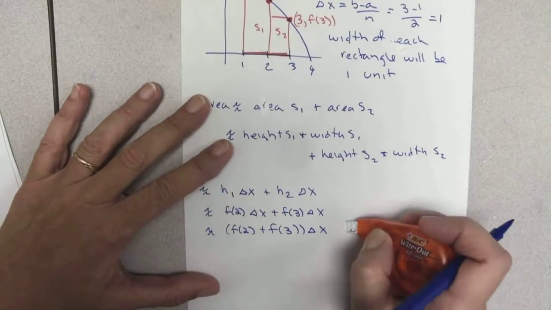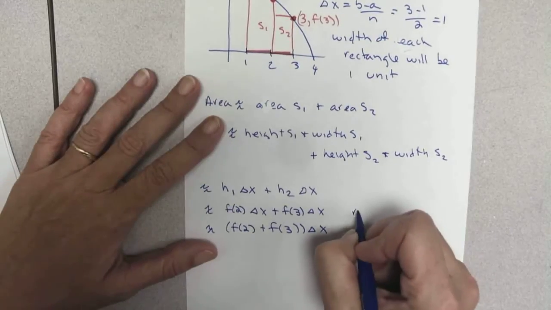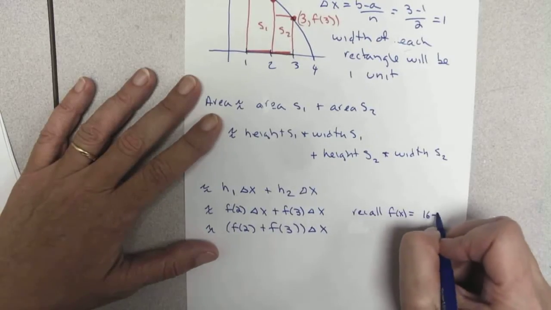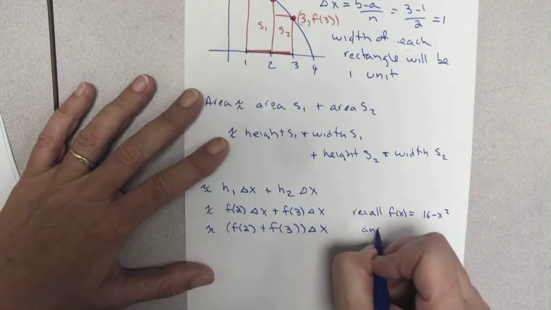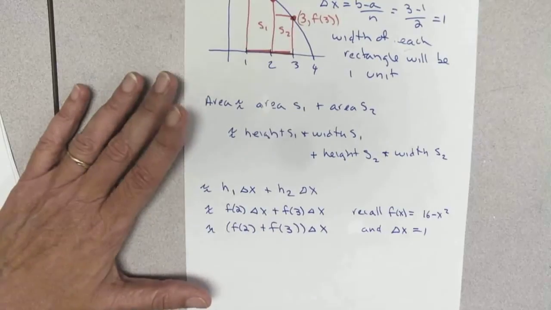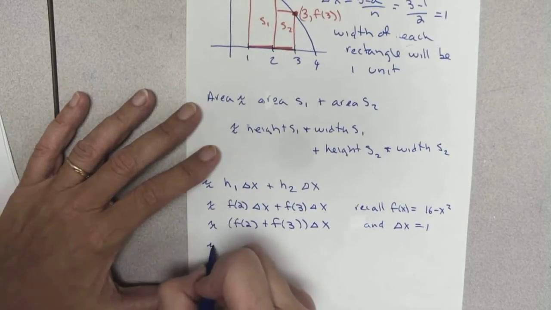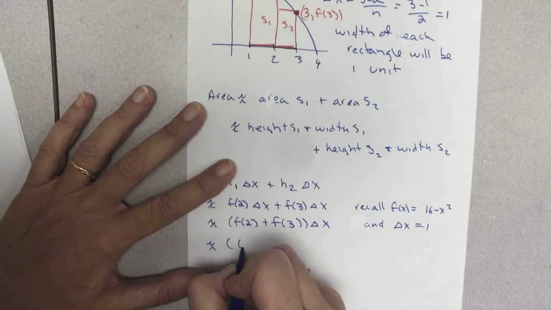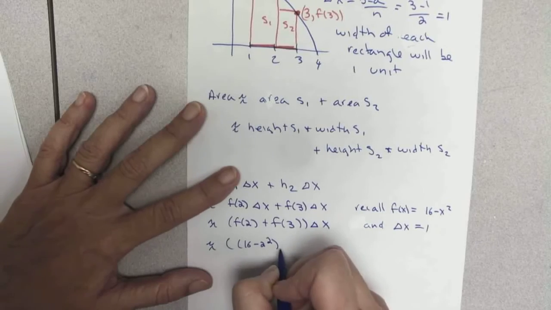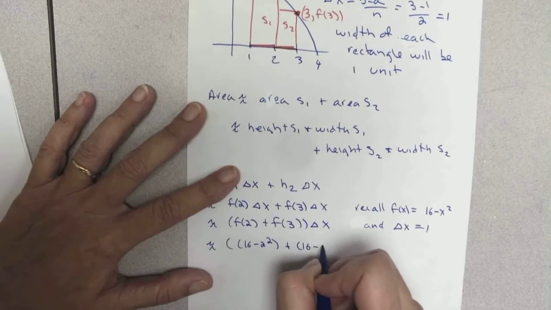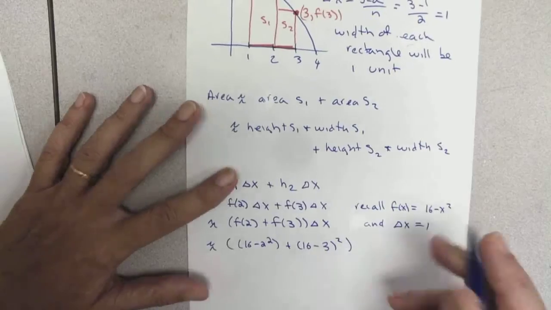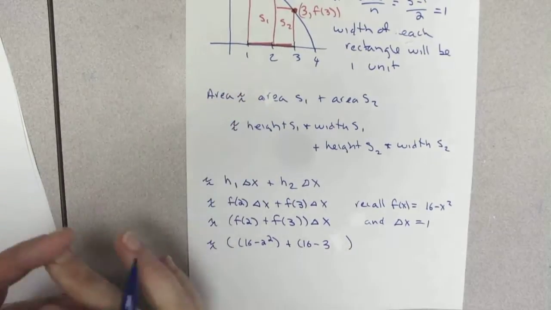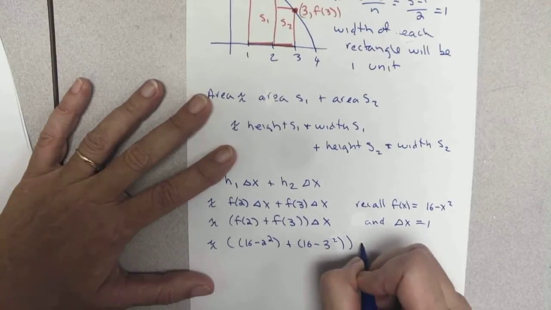Recall f of x was 16 minus x squared. And delta x we calculated to be 1. And so this is going to be approximately equal to 16 minus 2 squared plus 16 minus 3 squared, times 1.